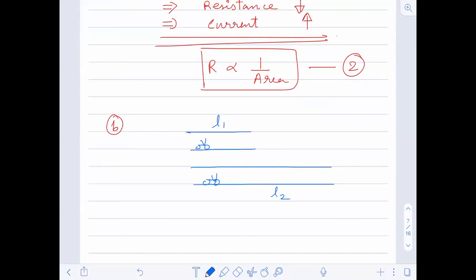Now you tell me, to move from end X to end Y here and to end Y dash here, where will you have more resistance?